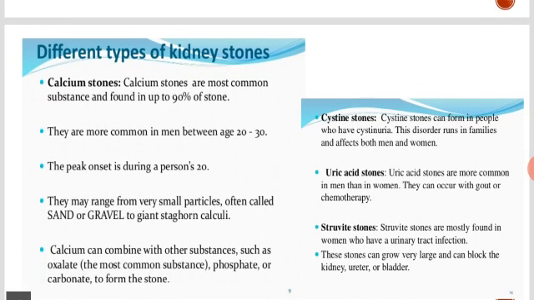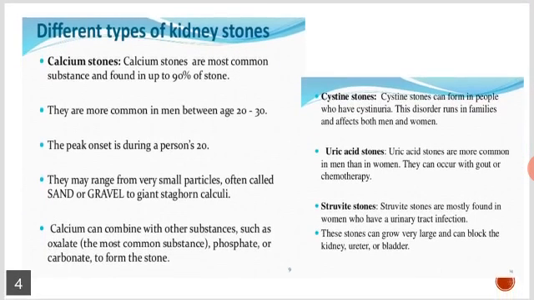Cystine stones are formed due to the leakage of amino acid cystine, which leads to the formation of yellow or light pink stone. Followed by that, uric acid stone. Uric acid releases proton.